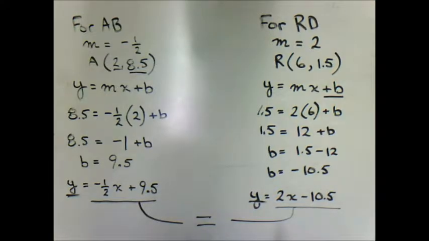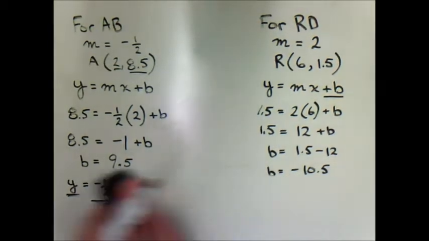Okay? So this equals that, where the lines intersect. So all we have to do in the next step is set them equal to each other, solve for x, and use that x value to solve for y. Here we go.